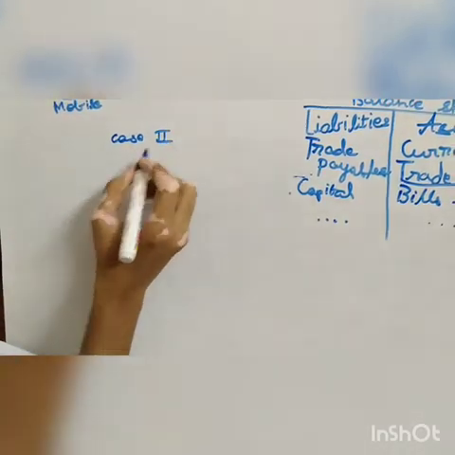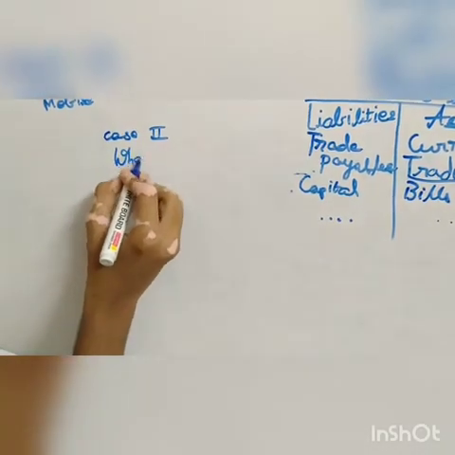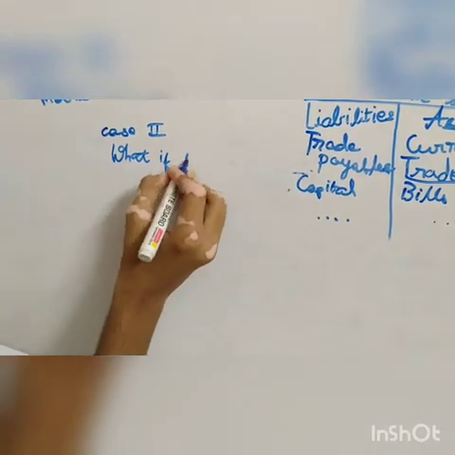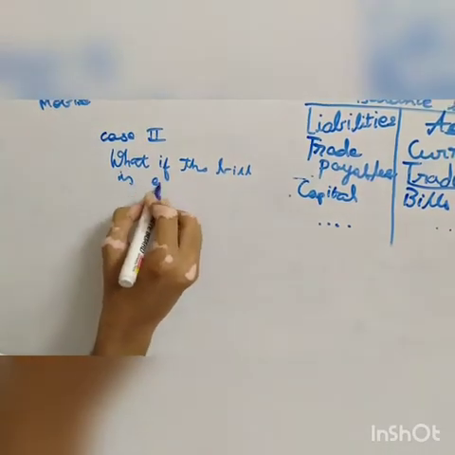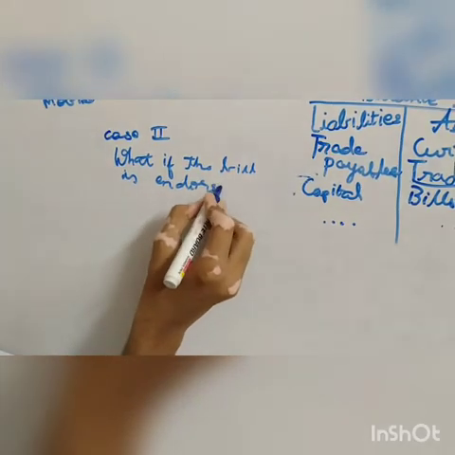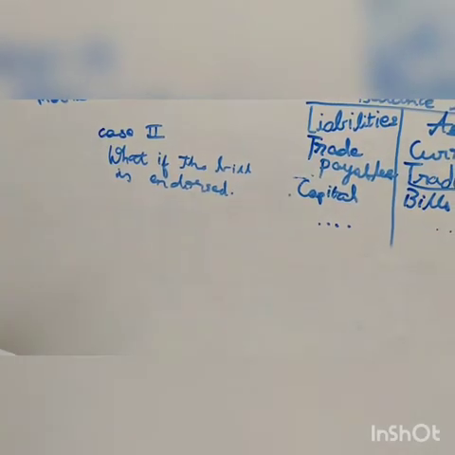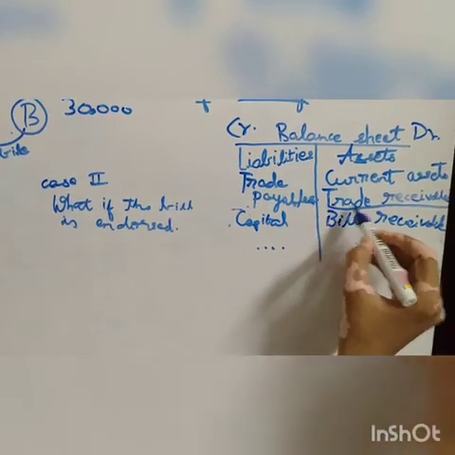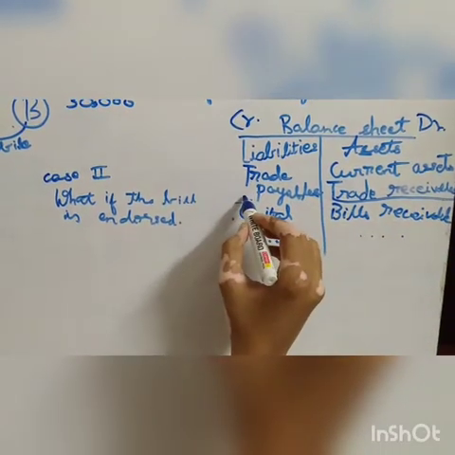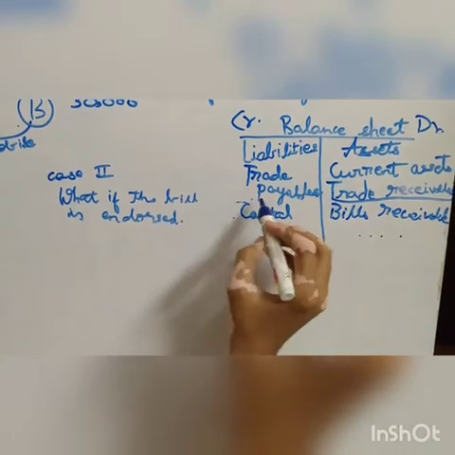Case 2. What if the bill is endorsed? Well, let us view the balance sheet. Since there is a trade receivable, there is also a trade payable for a firm.